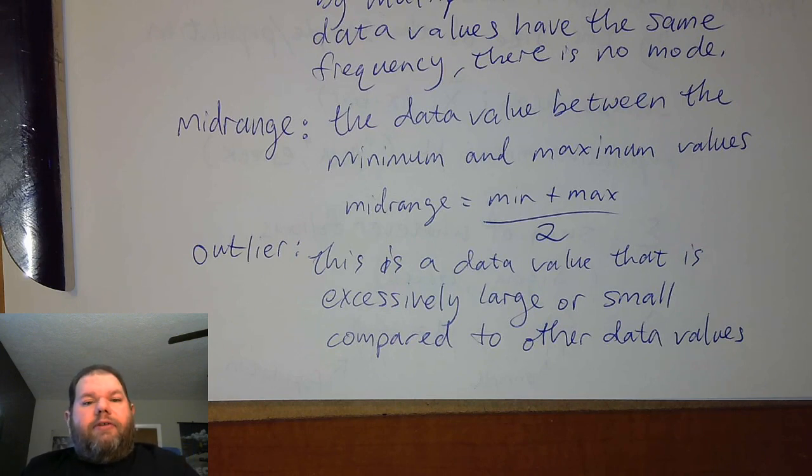That'd be like in a class where most of the students make between a 70 and a 90 on the test, and we have one student that made a 20. A 20 would probably be considered an outlier. I hope no one makes a 20 on a test. Anyway, but if most of the class makes a 70 to a 90 on a test, and then one person makes a 95, it's really not that much further out, so it probably would not be considered an outlier in that scenario.